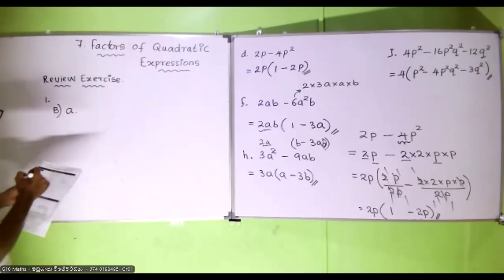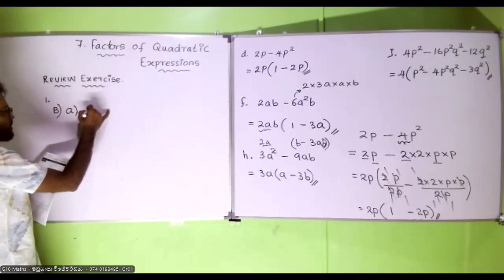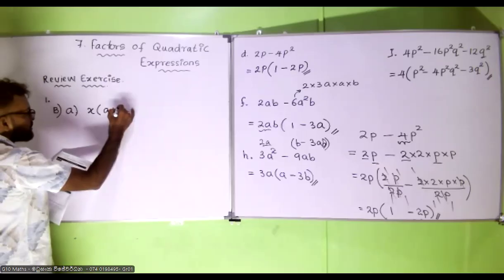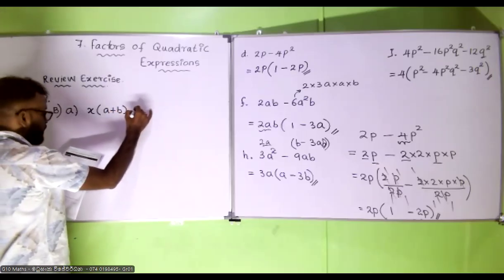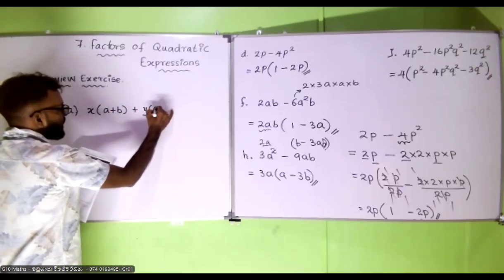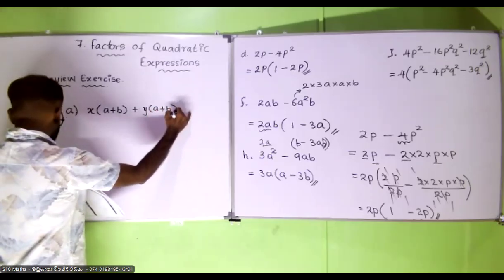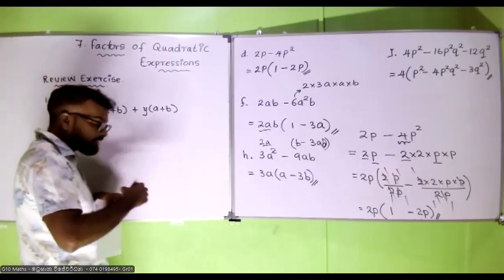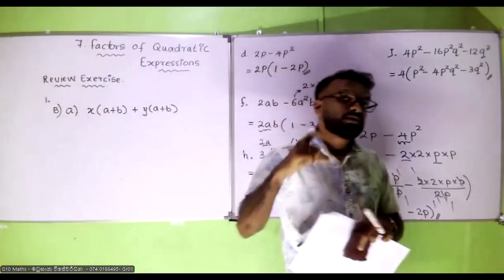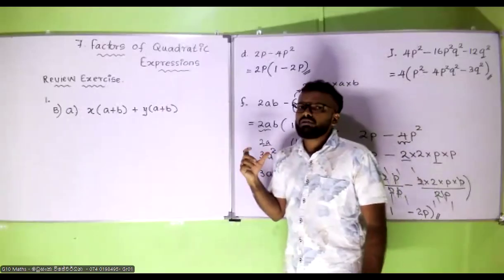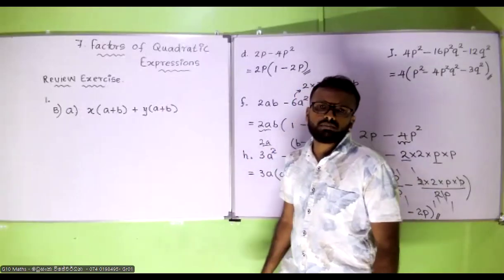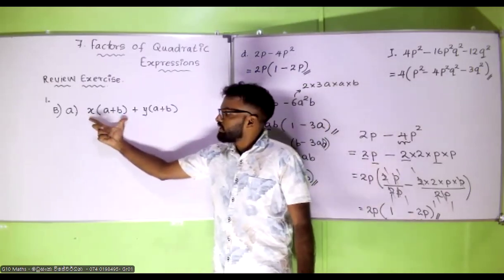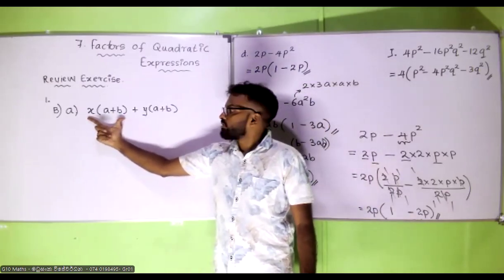Question A, subpart A. I will do this one so that you can understand. x times (a plus b) plus y times (a plus b). By looking at this expression, you can decide what the common term would be.